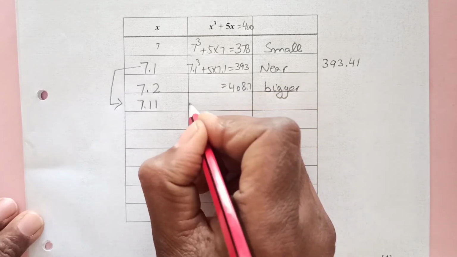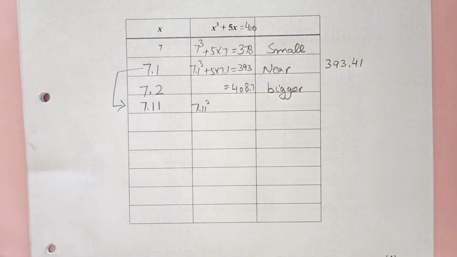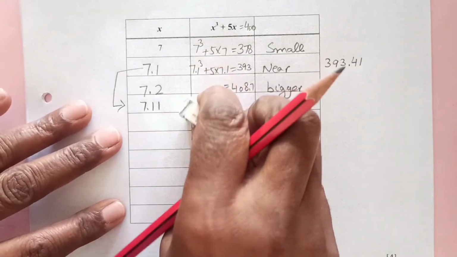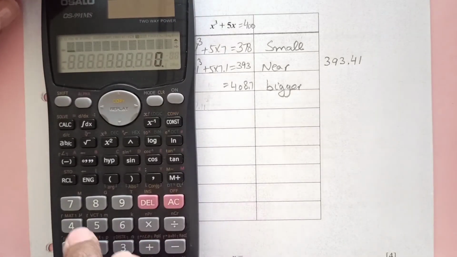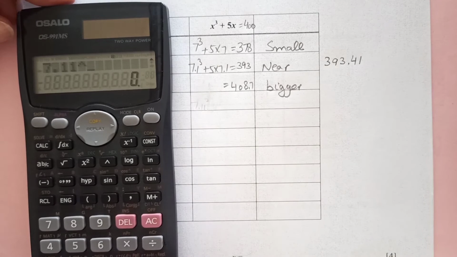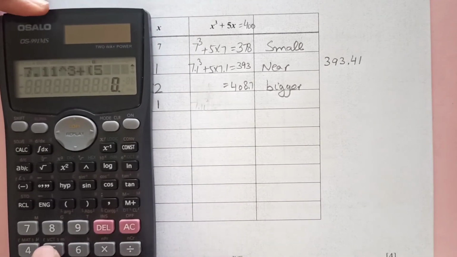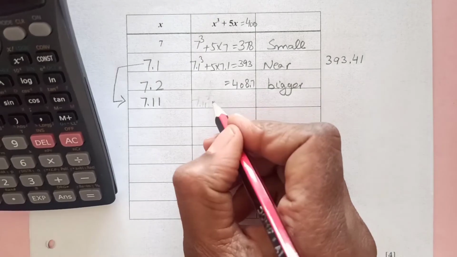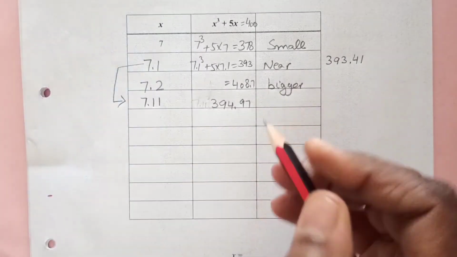I'm not writing the cube out because we don't have enough space, so I will directly write down the answer. 7.11 power 3 plus, in brackets, 5 times 7.11. Okay, so this is 394.97.